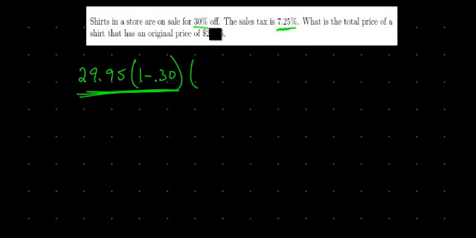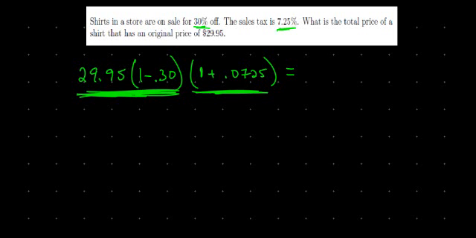So you reduced it by 30% on the shelf, and that's what this number represents. And then the cashier bumps it up by 1 plus 0.0725. So this is the shelf sale price, and this is giving us the extra taxes, and that will give us the final price.